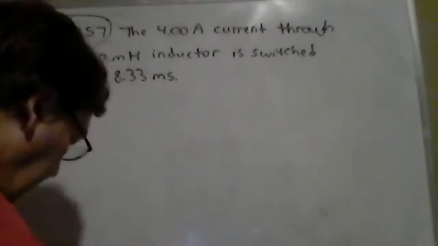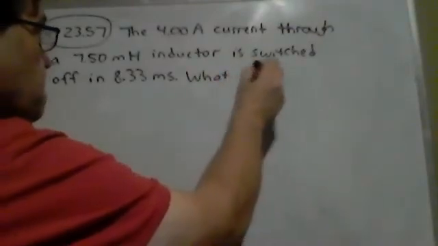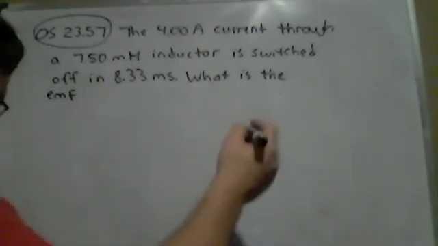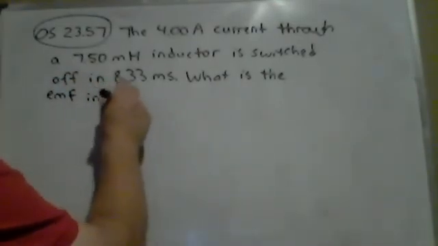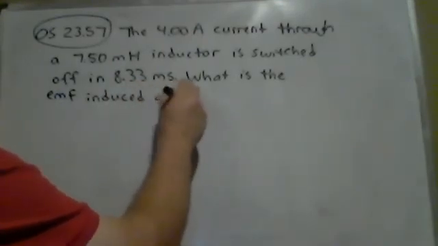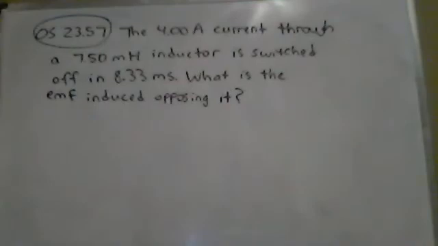What is the EMF induced opposing it? So we have a current with an inductor on it, a 4.00 ampere current through a 7.50 millihenry inductor, switched off in 8.33 milliseconds.